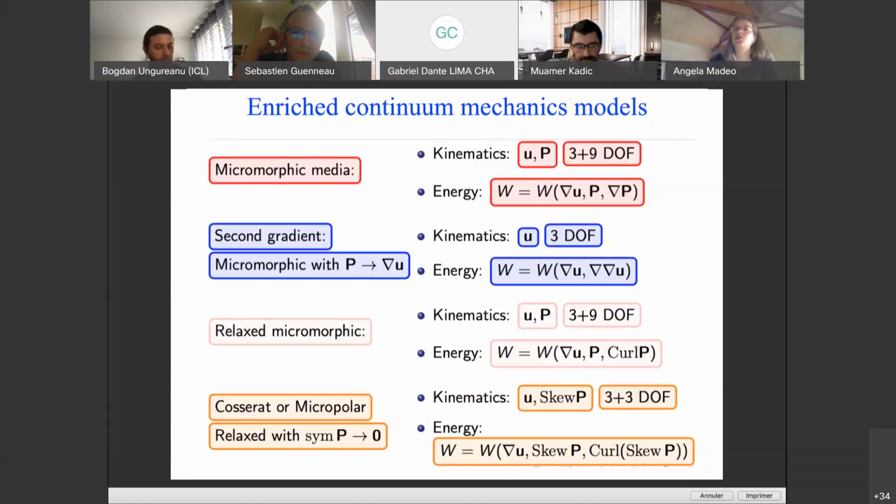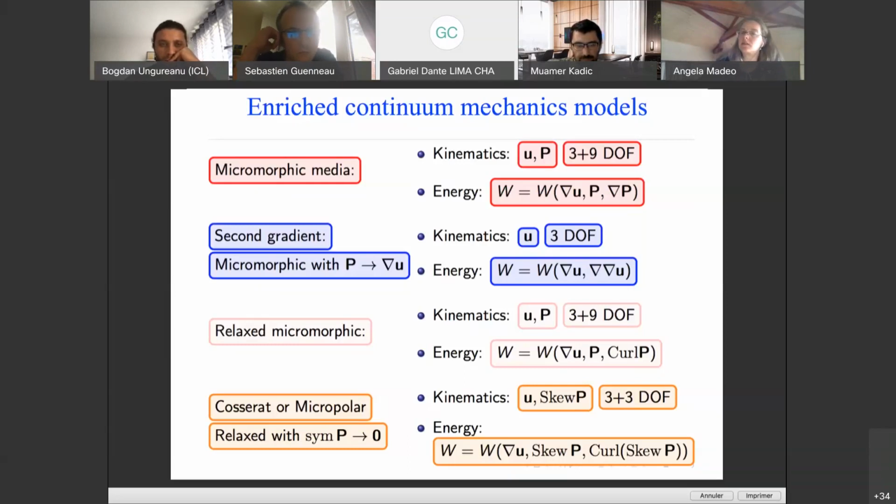This is the general micromorphic model. If we restrict again the kinematics to U alone, so only 3 degrees of freedom, but in the strain energy we consider more than the first gradient, also the second gradient of U, we are talking about second gradient models.